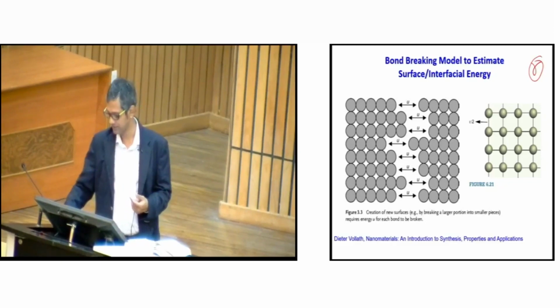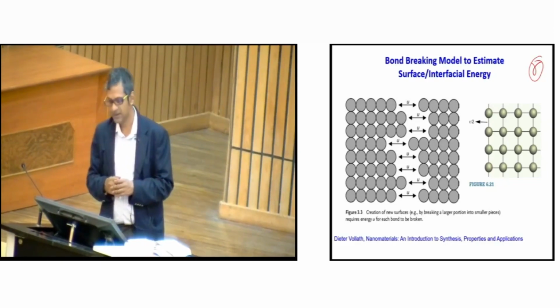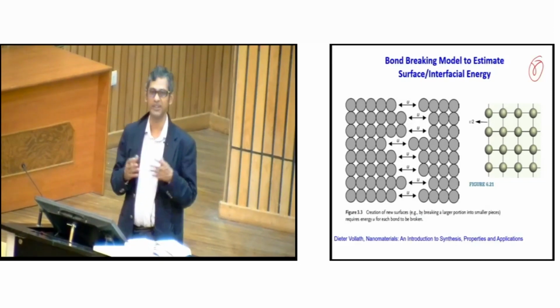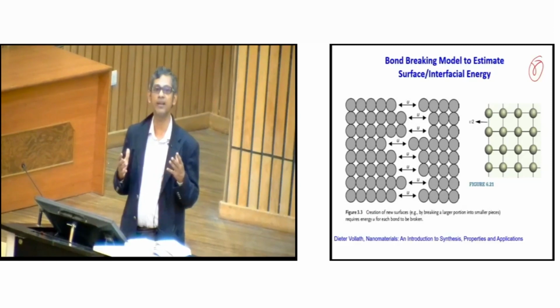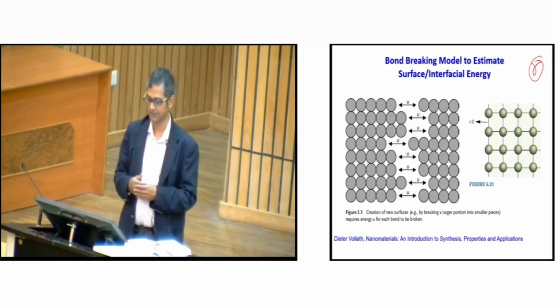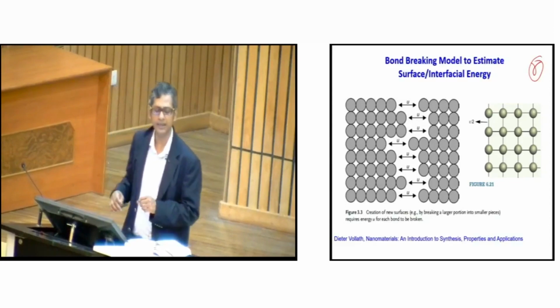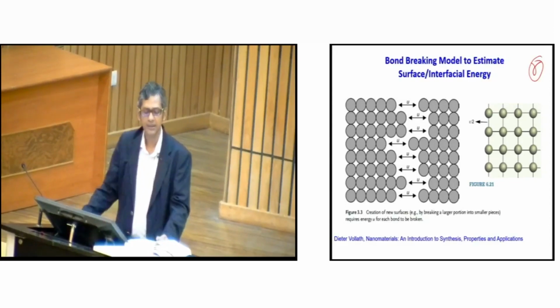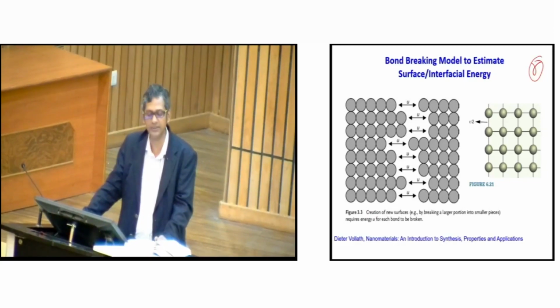That's very important. This concept is well known in material science, and surface energy is one of the gray areas which has not been understood properly, but still we have some fundamental concepts. Fundamentally, surface energy is because of dangling bonds or unsatisfied bonds.